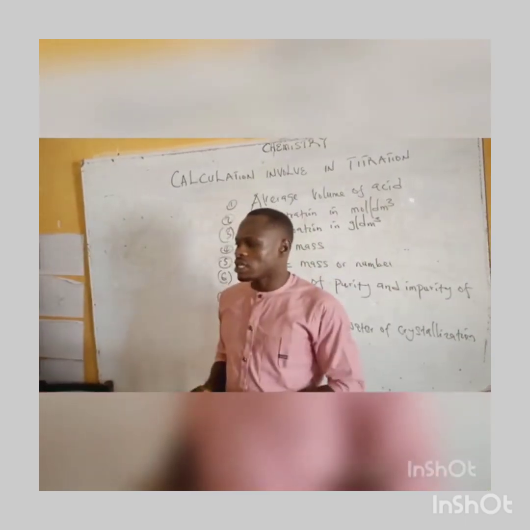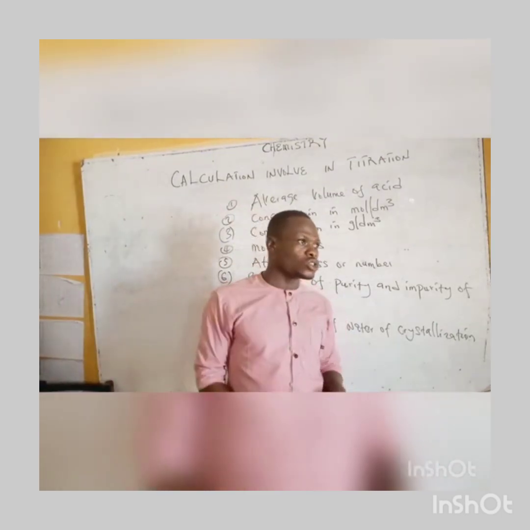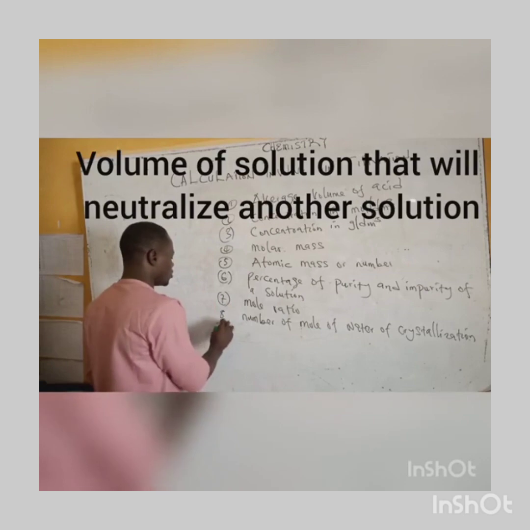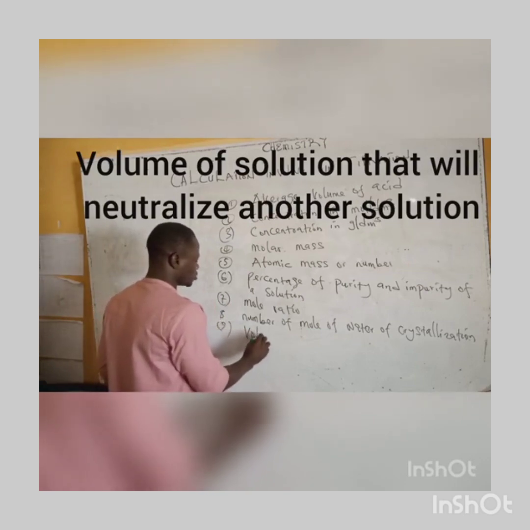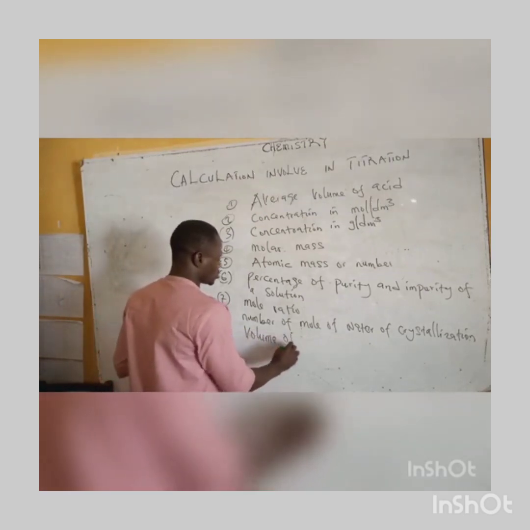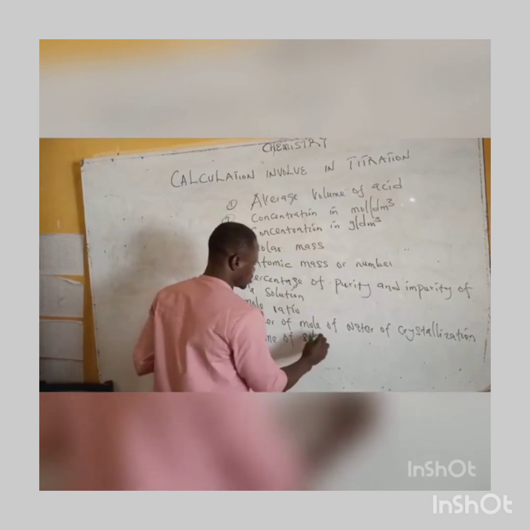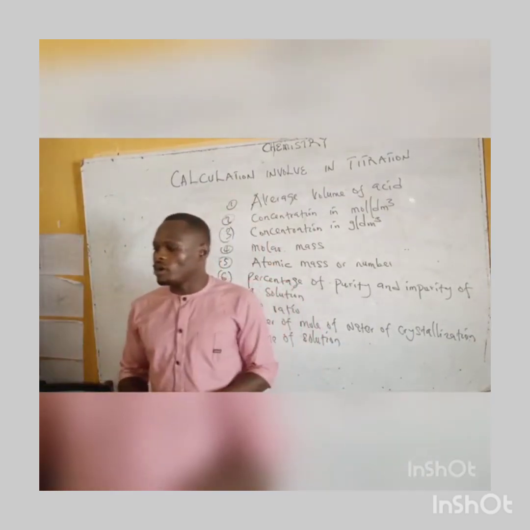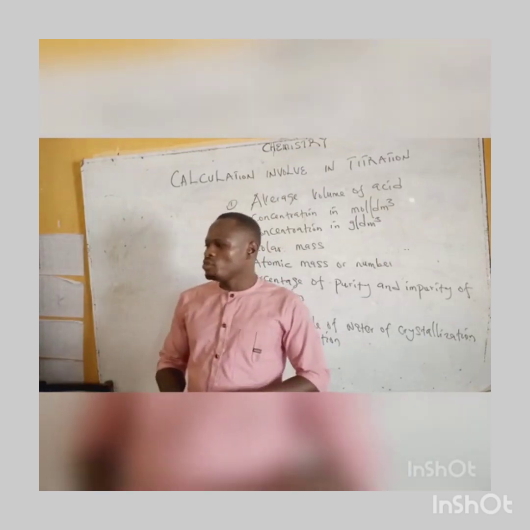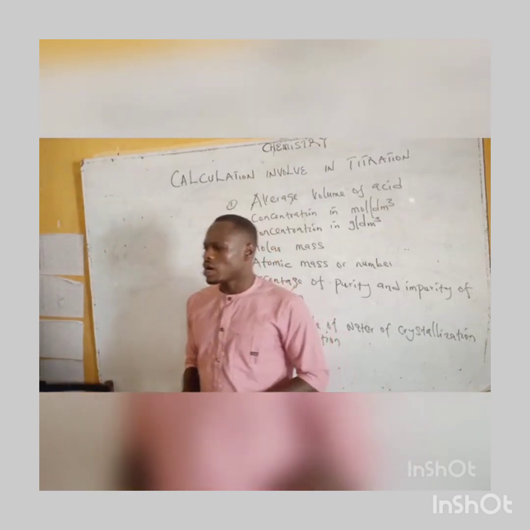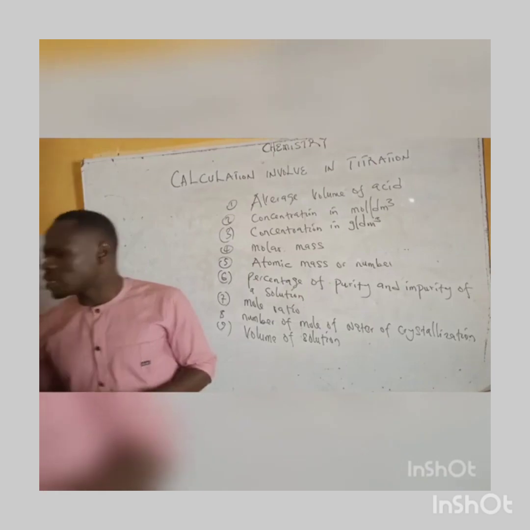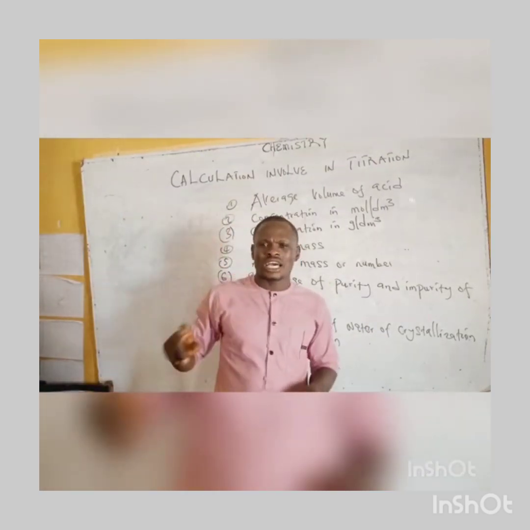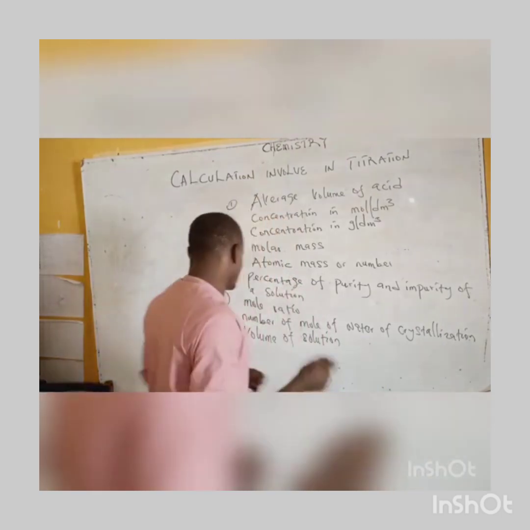Then we also looked at the volume of a solution. You will also be asked to calculate the volume of solution. Number 9, we have volume of solution. Then there is one particular thing that you will be asked, which is the volume of carbon dioxide liberated at STP.